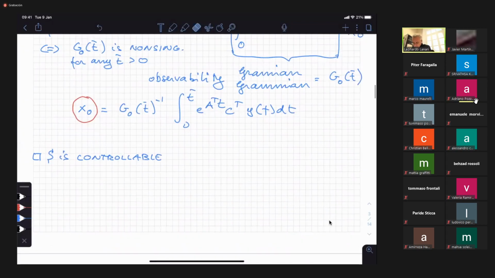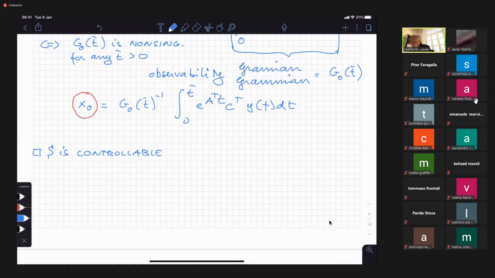So the other result is a dual. So if S is controllable, there is, of course, a controllability Gramian.